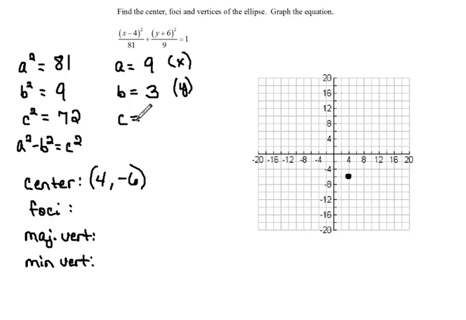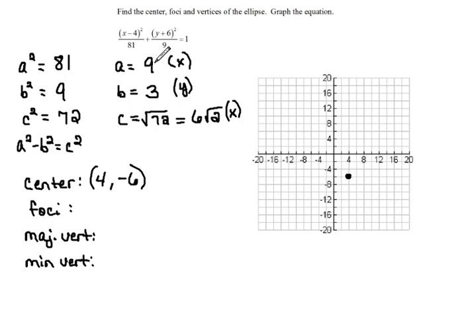And our c will be the square root of 72, which can be broken down into 36 times 2, so that would be 6 square roots of 2 technically. And remember, the c and the a are always graphed in the same direction. Now we actually have everything that we need.